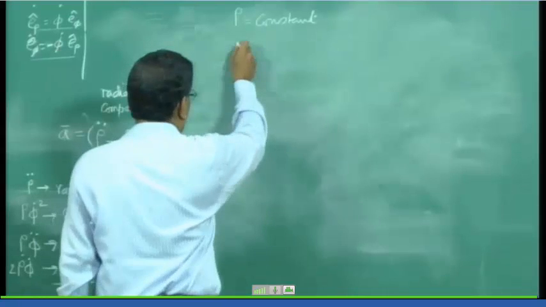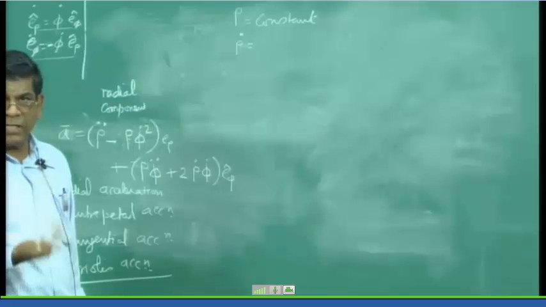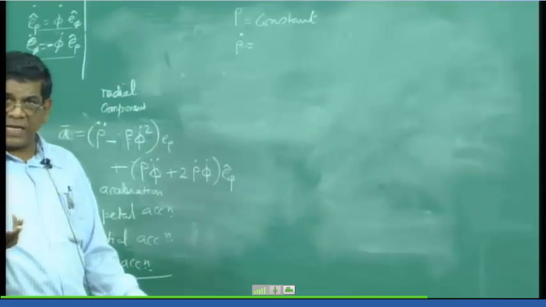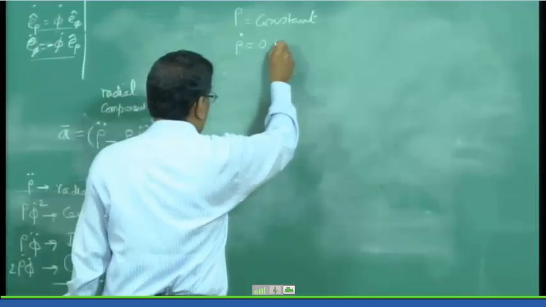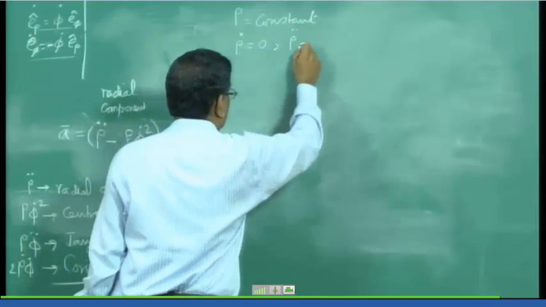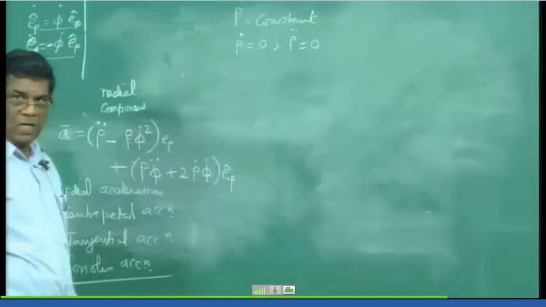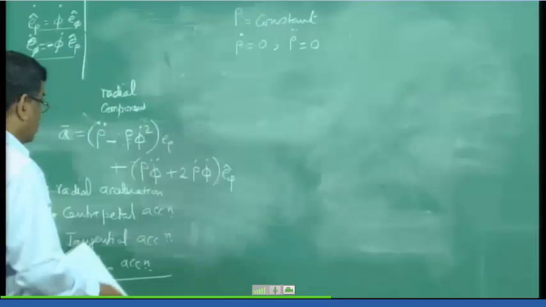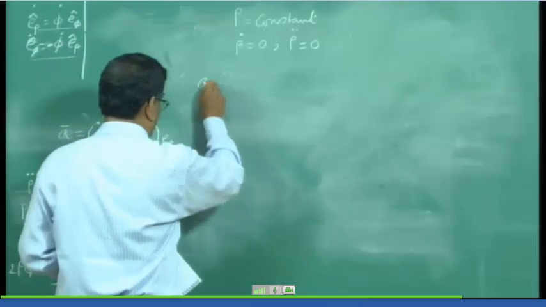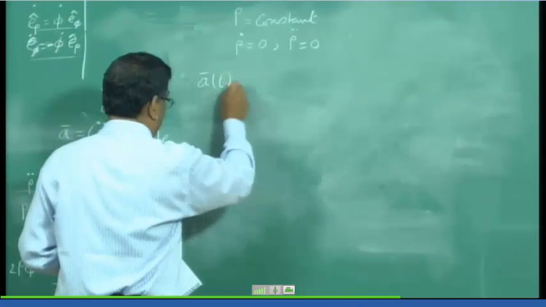If rho is equal to constant, what will be my rho dot? Rate of change of rho. Rho is not changing, it is a constant. Therefore, rho dot should be equal to 0, and in the same way rho double dot is also 0. Right? We know these two. Therefore, what do I have? What happens to my acceleration? First, the acceleration with reference to time.